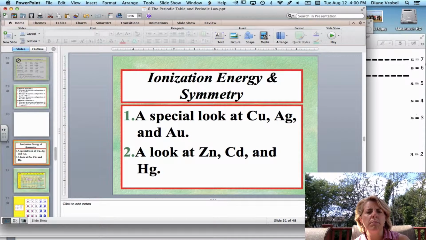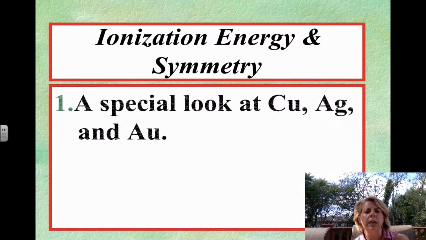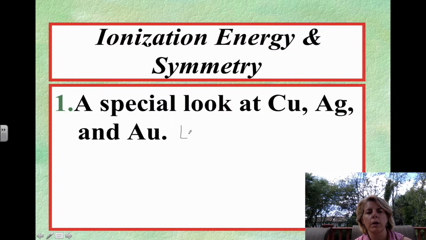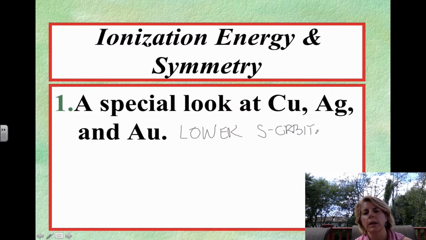So essentially, when we're looking at copper, silver, and gold, they are going to have a lower ionization energy, and that's because of the s orbital with one electron in it and a full d orbital.